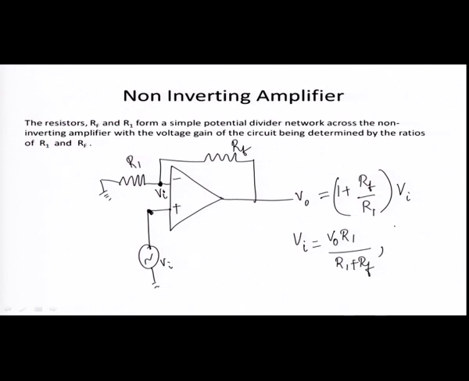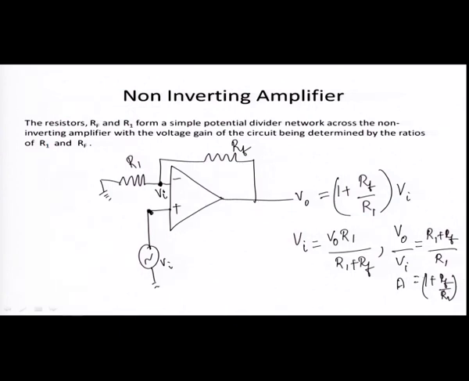So, from which I can easily write V0 by Vi as R1 plus RF by R1, from which 1 plus RF by R1. This is the gain of the non-inverting amplifier circuit.